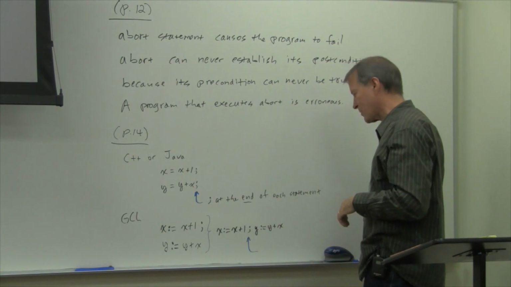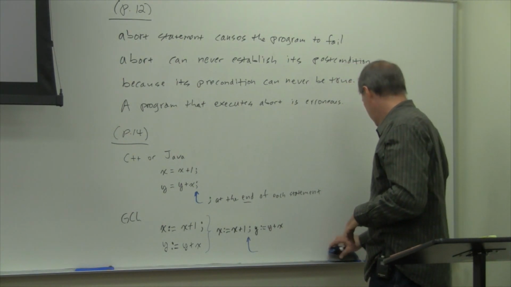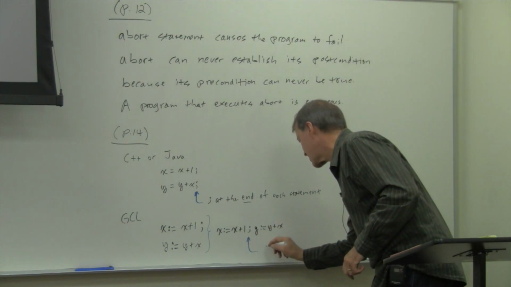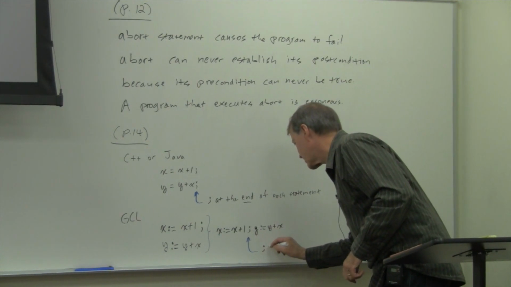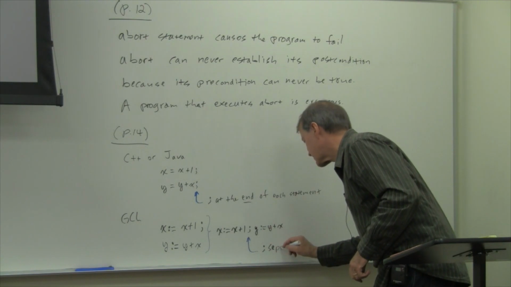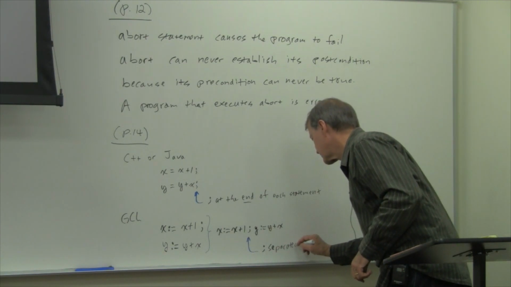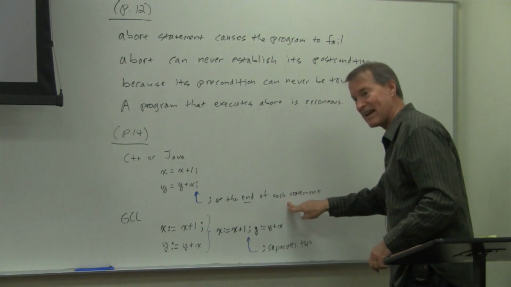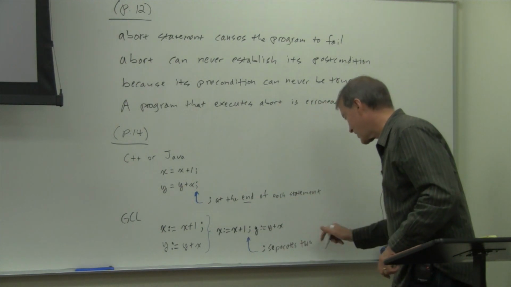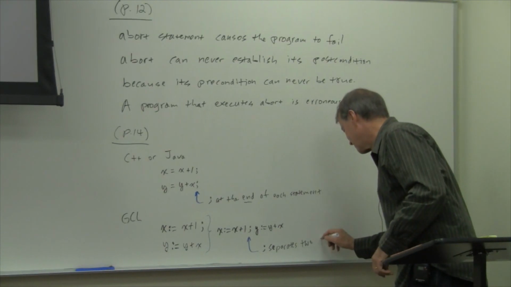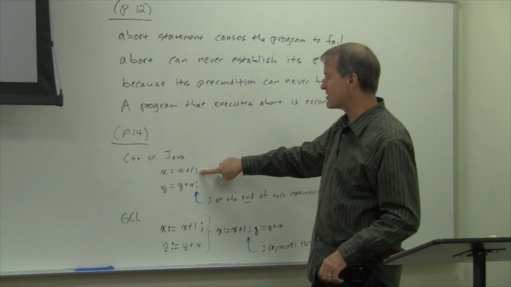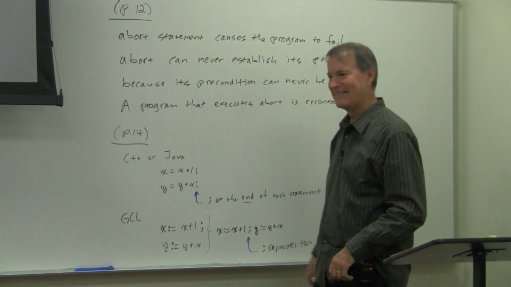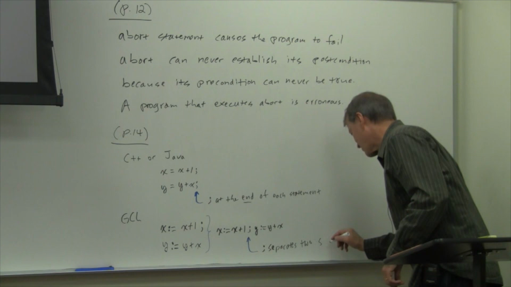You see? Does everybody see the philosophy there? This one's at the end of each statement. This is a separator. It separates two statements. It's in between. This semicolon is not really in between this one and this one; it's at the end of this one. So this separates two statements.